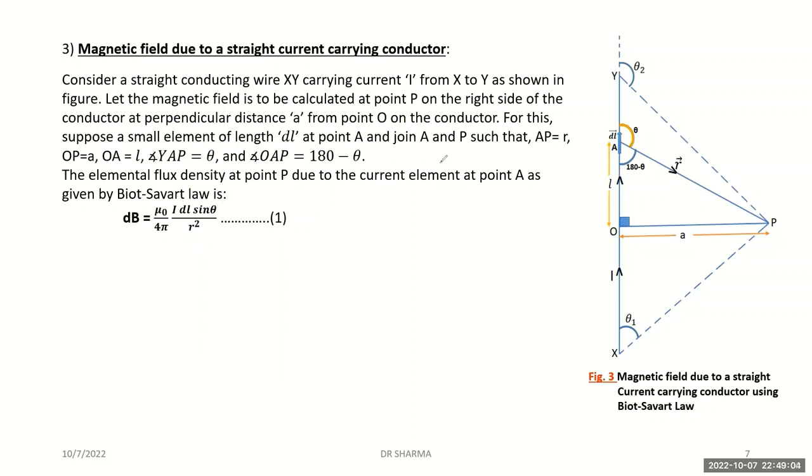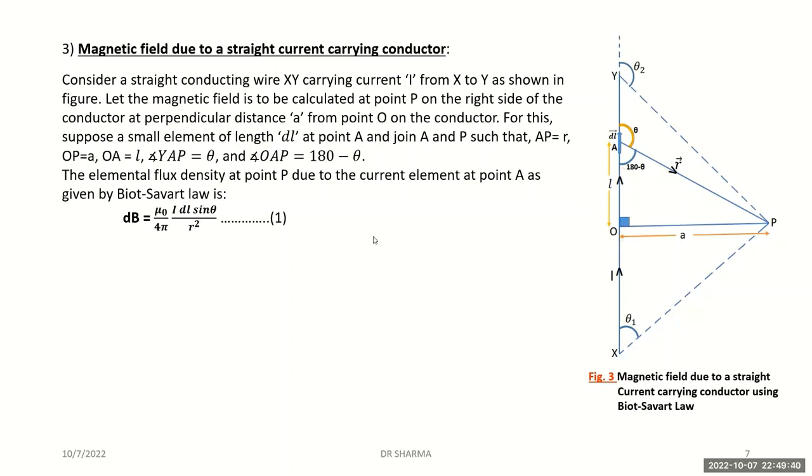Check the right angle triangle OAP. From there, remember that you are going to convert that dl and r in terms of theta and a constant. This A is constant because point P is fixed at a fixed distance from the conductor. So while converting, consider one variable and other constant as a trigonometric ratio.